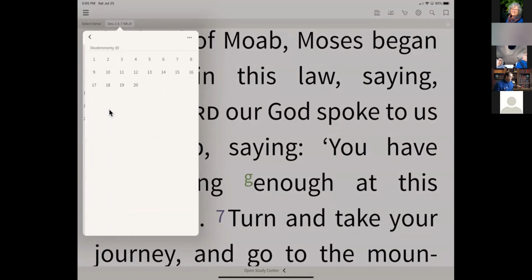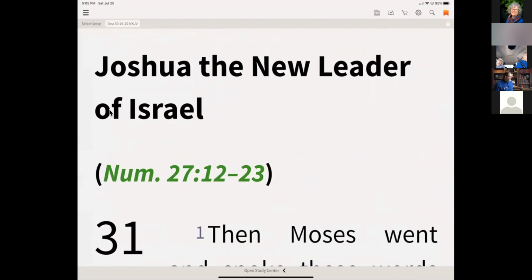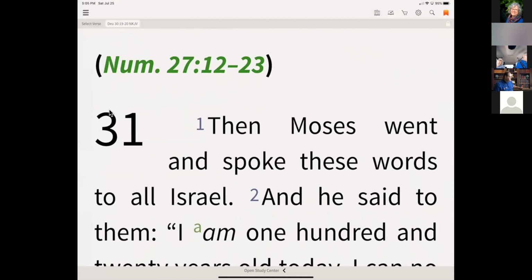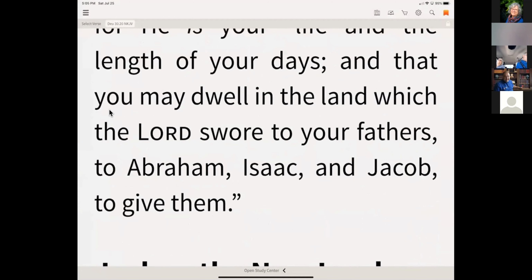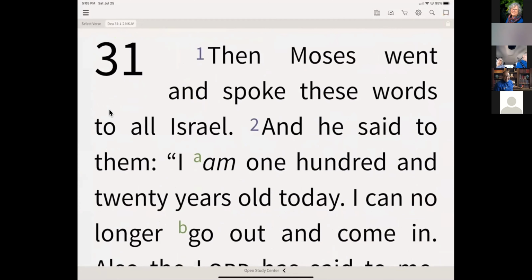to chapter 30. And that's the end of the homily. Look at chapter 31. It says, "Then Moses went and spoke these words to all Israel." So this is one huge continuous homily, the size of 30 chapters.